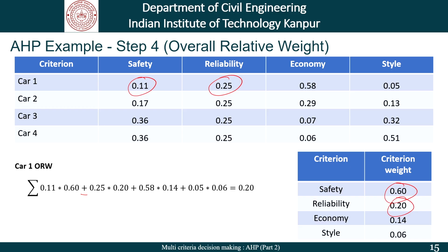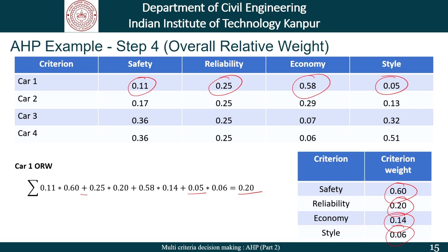So on, 0.58 multiplied by 0.14, plus 0.05, which is the relative performance on style, multiplied by the overall weight for style, and we get the overall relative weight for car 1.